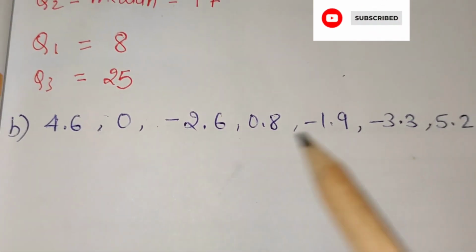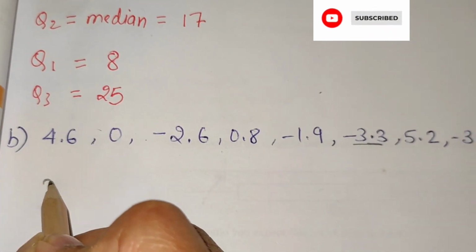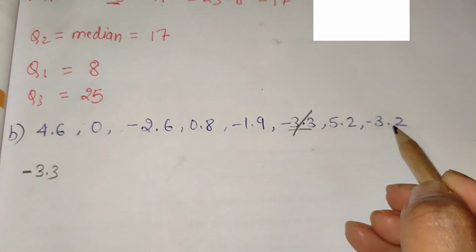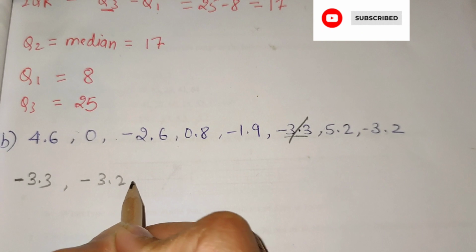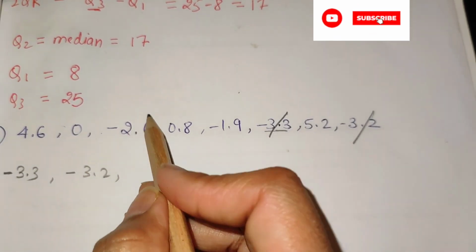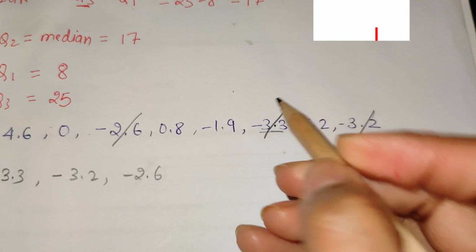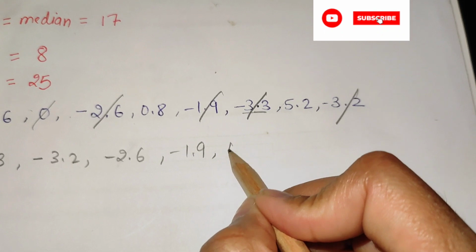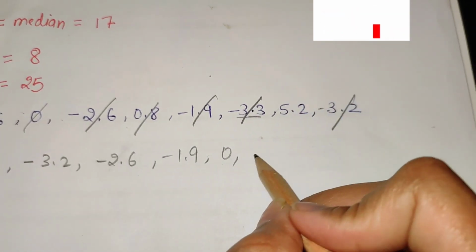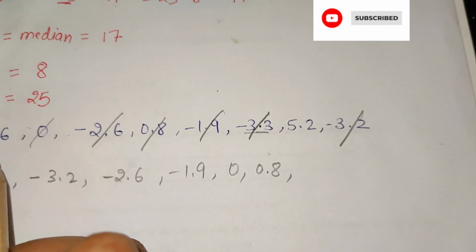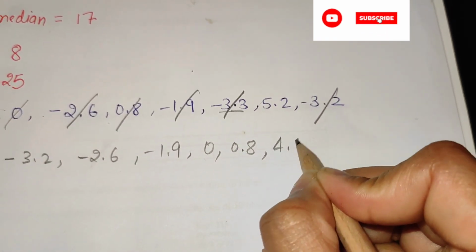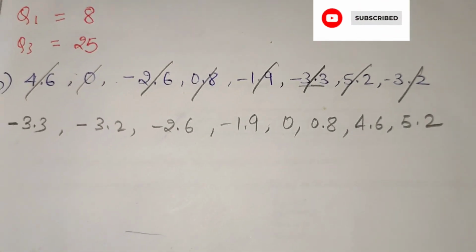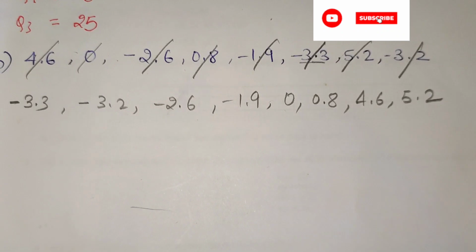The smallest one is minus 3.3, then minus 3.2, then minus 2.6, then minus 1.9, then 0, then 0.8, then 4.6, and then 5.2. Everything is covered. So that's my data arranged in ascending order.